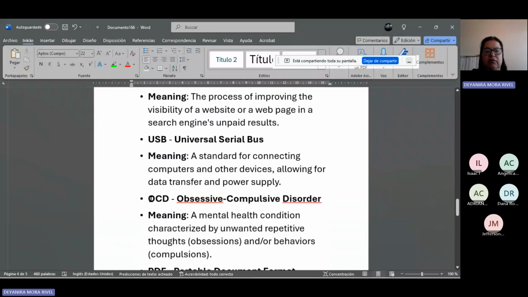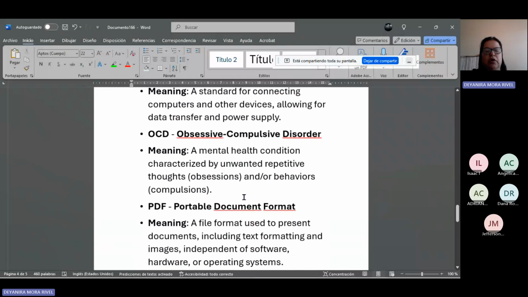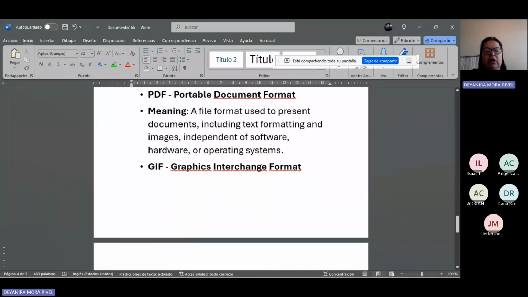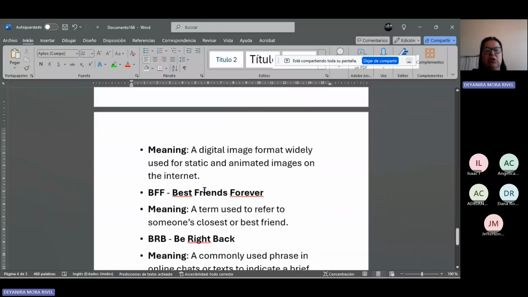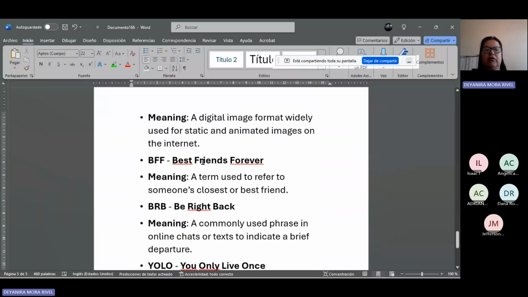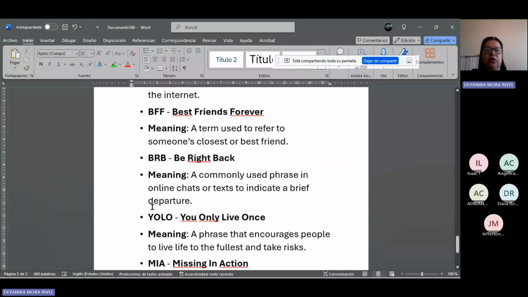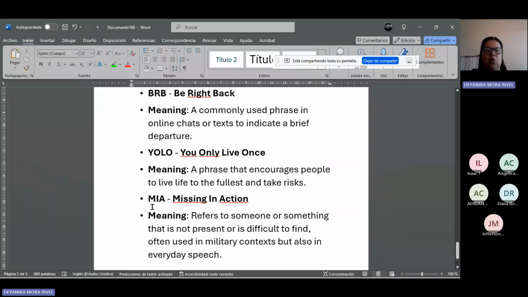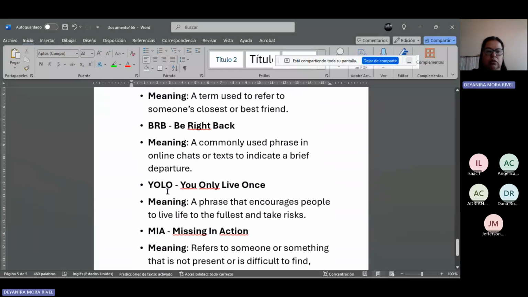So OCD, that is short for obsessive compulsive disorder, PDF, etc. Okay, you get the idea.